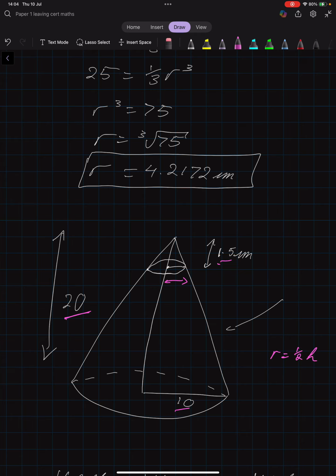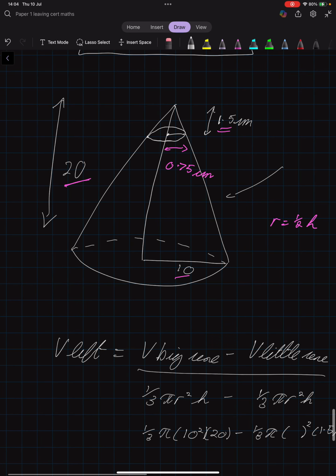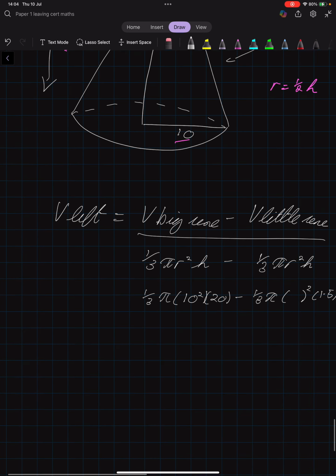So for the little cone, the radius must also be half the height. The height is 1.5, and therefore the radius is 0.75 centimeters. Okay. So that's the biggest takeaway from this. The shape of the cone will stay the same if you cut little bits off. There's no reason for it to change, and therefore it doesn't. Okay.